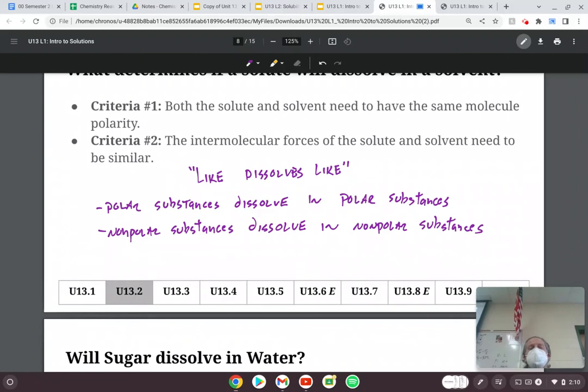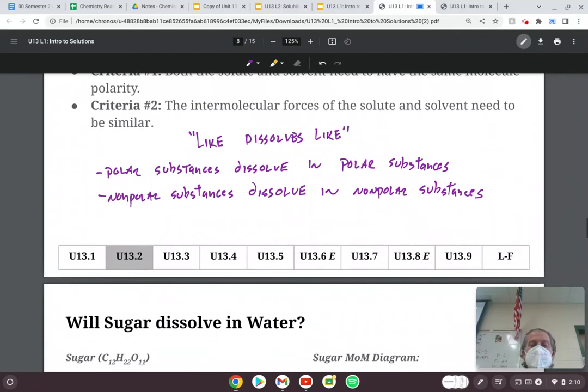And this general statement here kind of covers both criteria 1 and criteria 2, but we're going to go over examples of this in a little bit more detail going forward here.